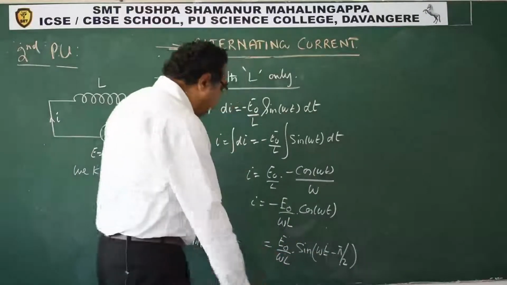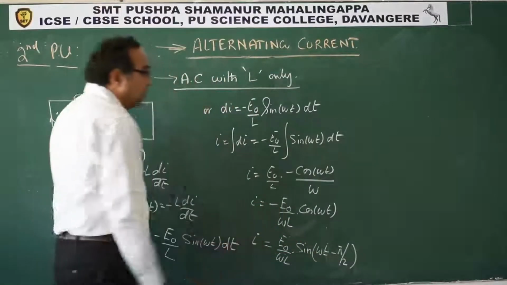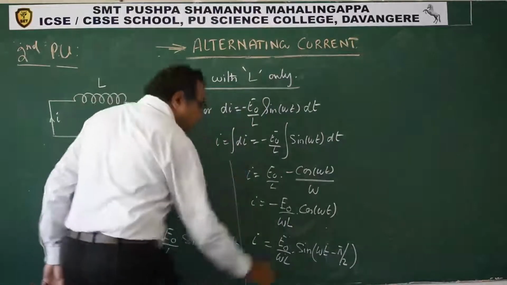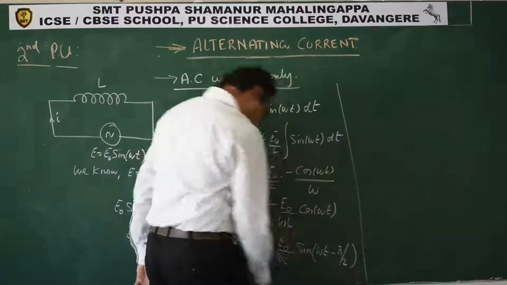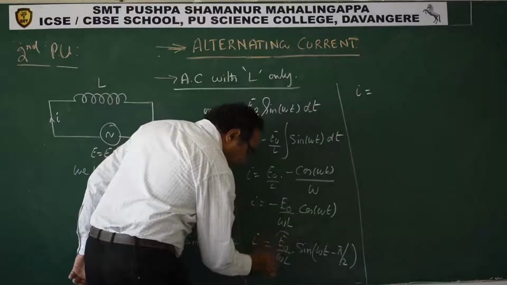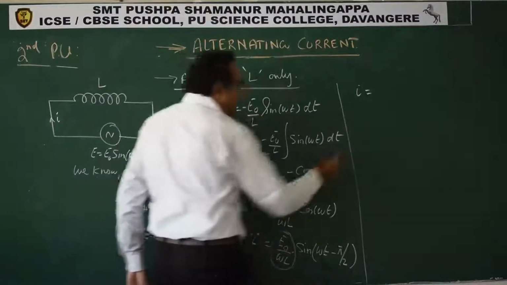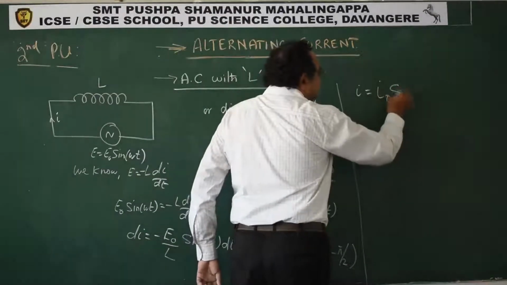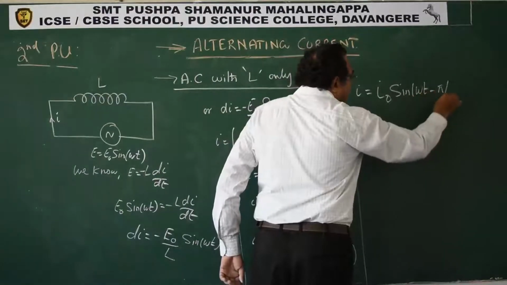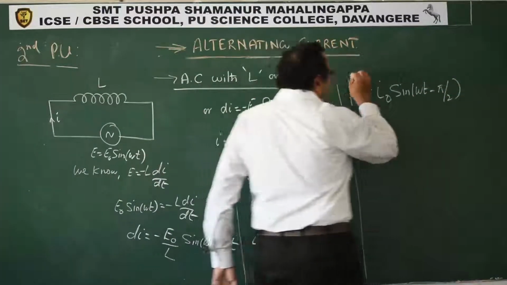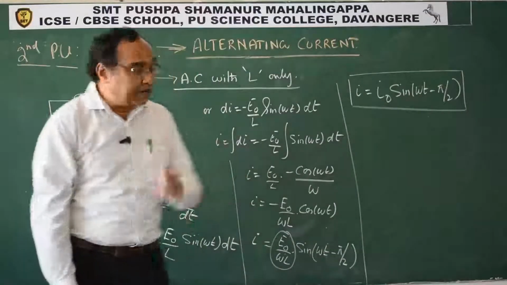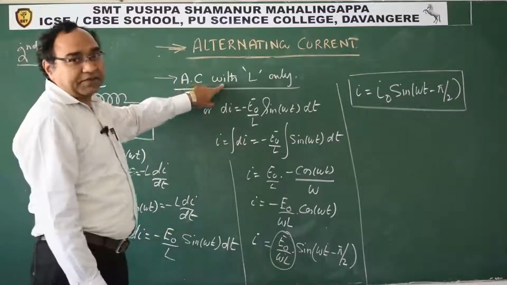So we can write the expression for I this way also. Now observe, this entire thing I can write as I naught sine of omega t minus pi by 2. See, this is the expression for current in an L only circuit.